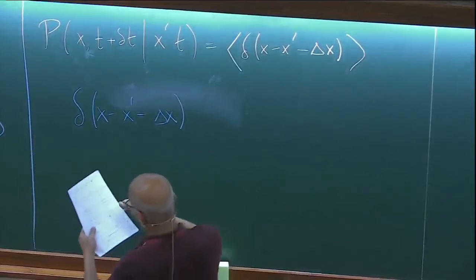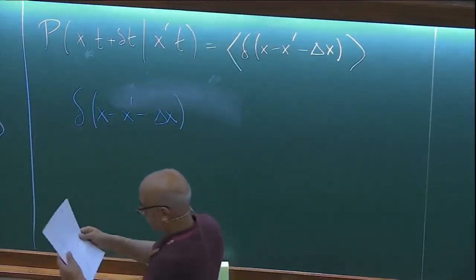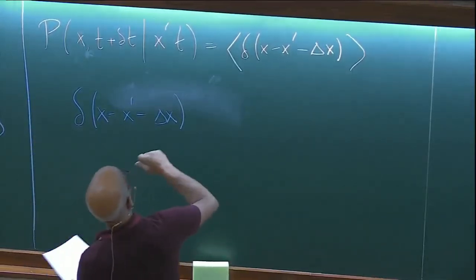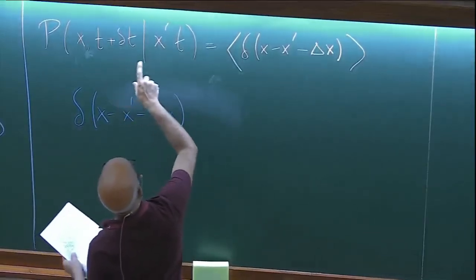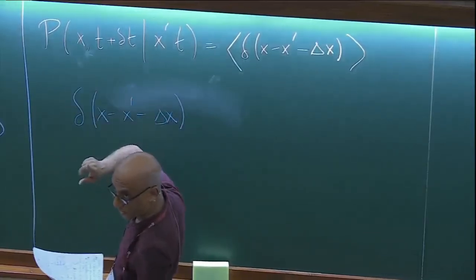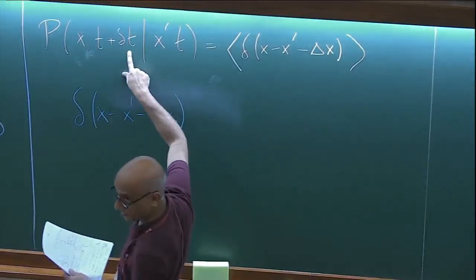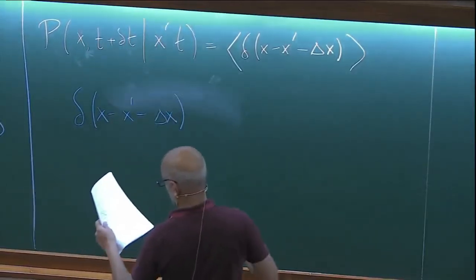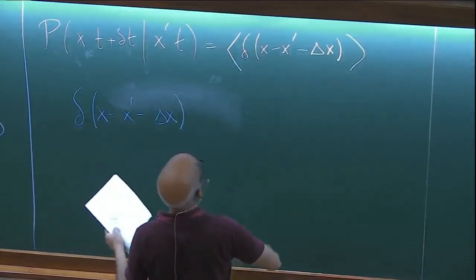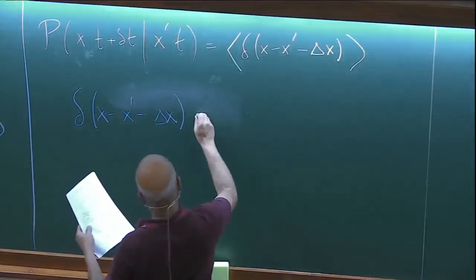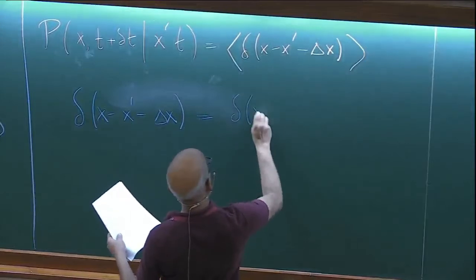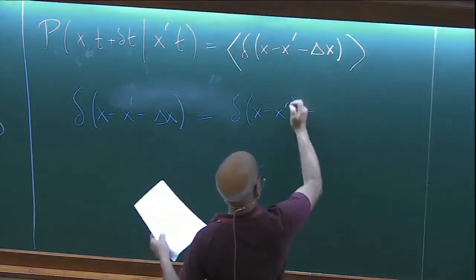At the moment I'm saying just the probability that x makes a change, the probability of a change delta x in a time delta t, right? I can write this as delta of x minus. Let me now formally just write this.